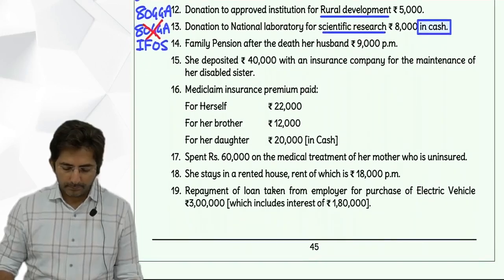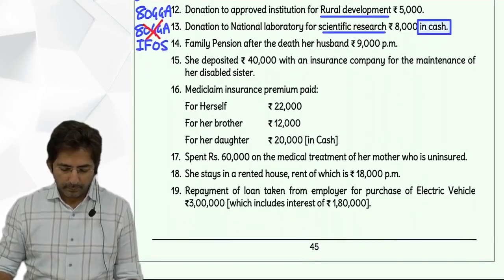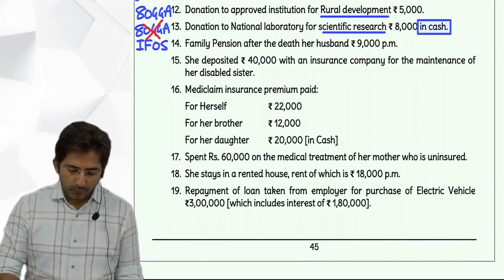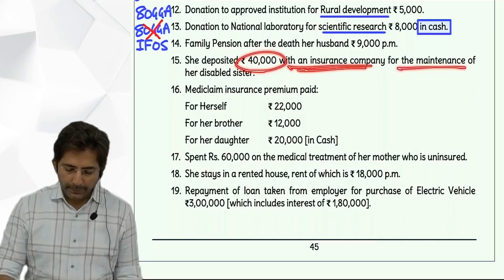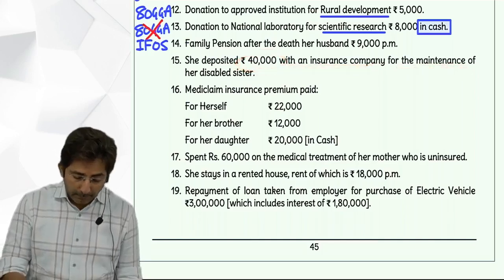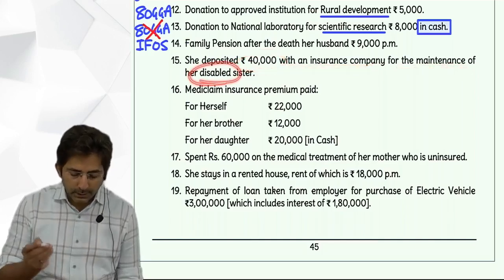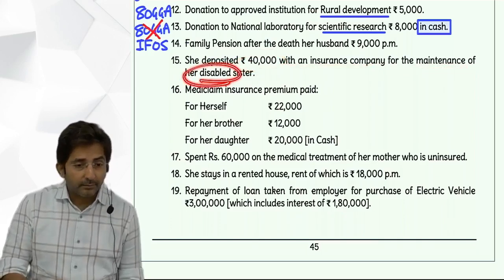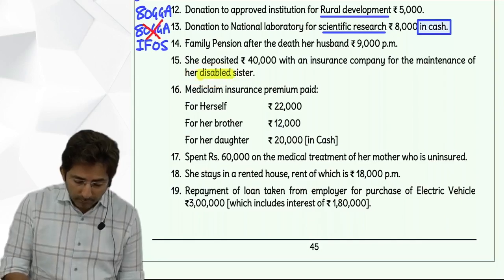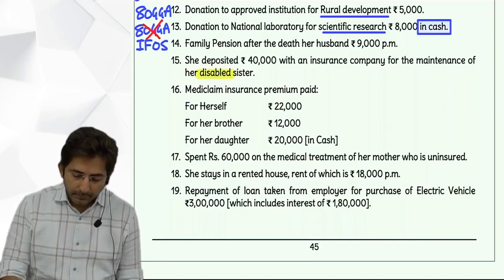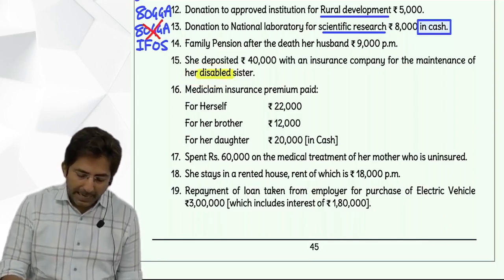Then, she deposited 40,000 with an insurance company for the maintenance of her disabled sister. Disabled means what? Handicapped. Disabled means handicapped.